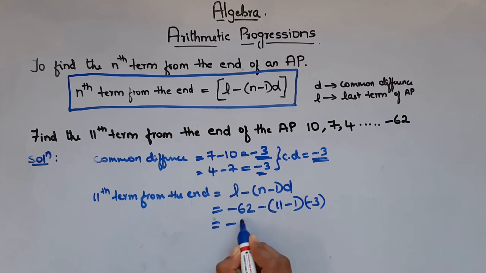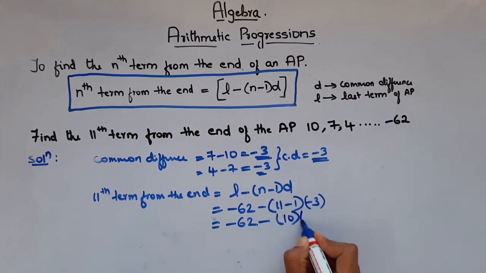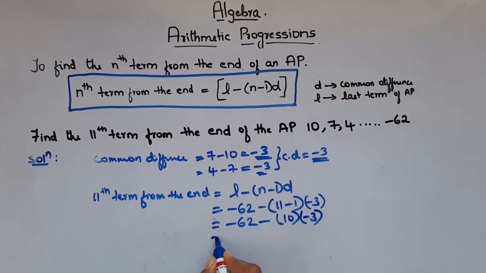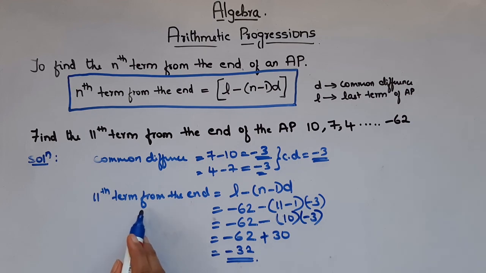Which is nothing but minus 62 minus 11 minus 1 is 10, 10 into minus 3, which is nothing but minus 62 minus of minus is plus, 10 into 3 is 30. So minus 62 plus 30 will give you minus 32. So your 11th term from the end is minus 32.